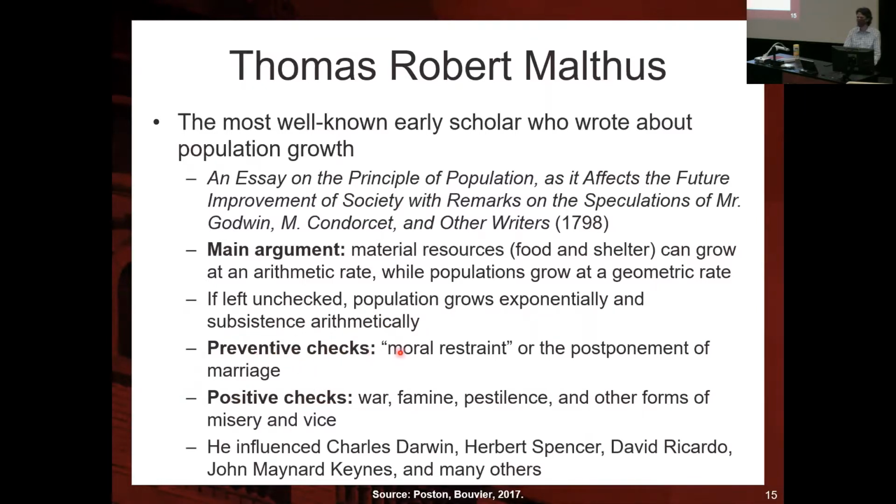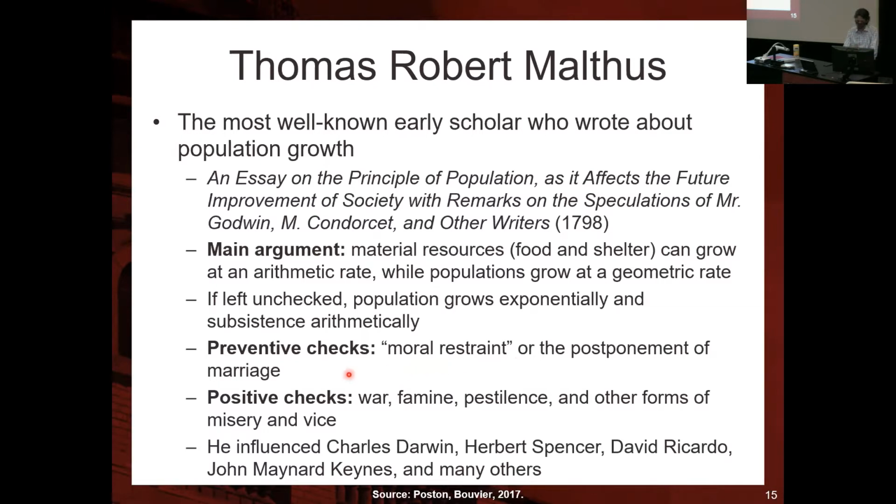Preventive checks is pretty much the idea of moral restraint or postponement of marriage. So people do not engage in sexual activities, postponing marriage, getting married only when they have enough resources to provide for their future children.